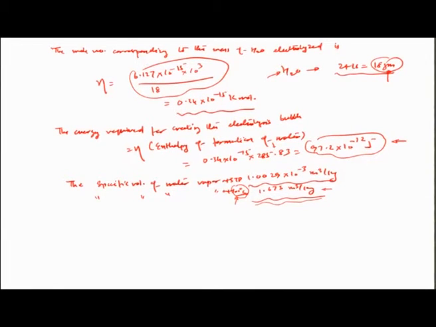So, here the mass becomes equal to the volume divided by the specific volume, and the volume of the bubble again is the same, 4 by 3 pi r cube, and the specific volume in this case is 1.673. So, this comes out to be equal to 6.876 times 10 to the power of minus 15 kgs.